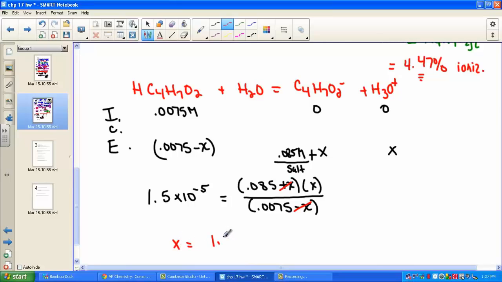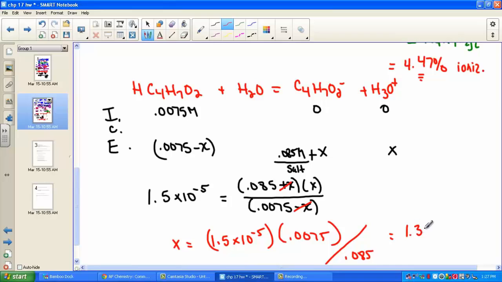Putting X on a side by itself, we would hit 1.5 times 10 to the negative fifth times 0.0075 over 0.085. 1.5 E negative 5 times 0.0075 divided by 0.085. And for the value of X, I found 1.32 times 10 to the negative 6 molar, which was the hydronium ion at equilibrium.